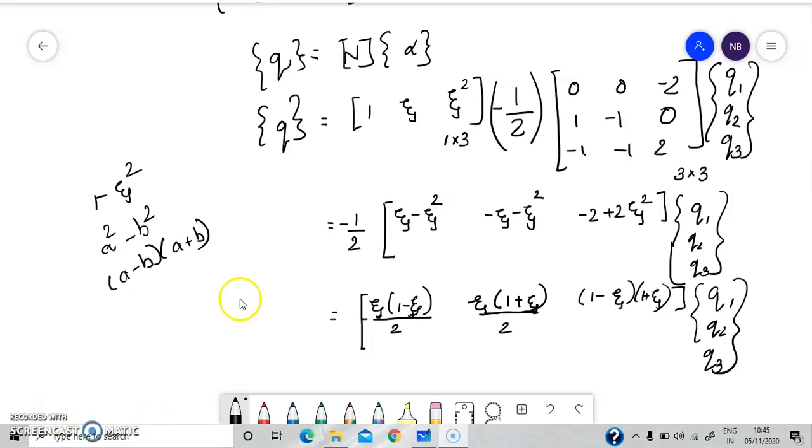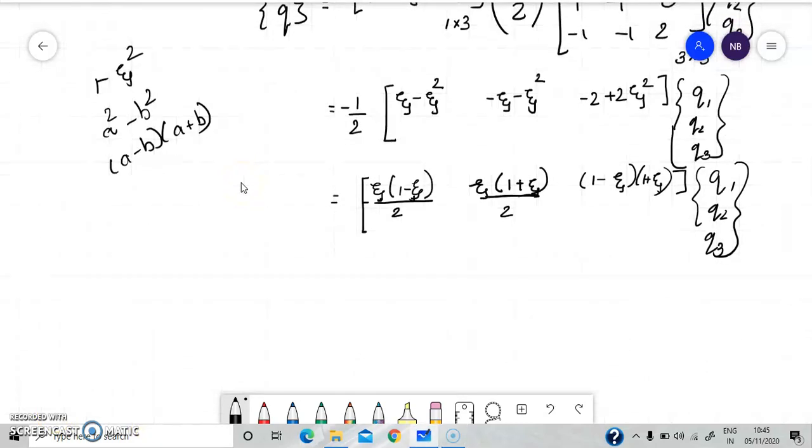In this equation, this term is N1, this is N2, and this is the shape function N3.